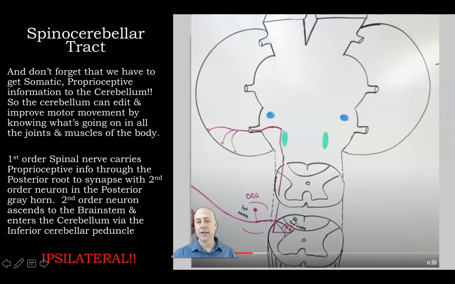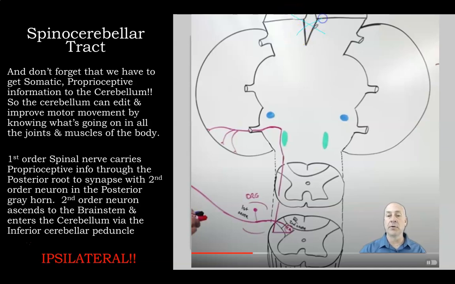And then lastly, do not forget that great proprioceptive information that is not going all the way up. We are not going all the way up to the cerebral cortex, which exists rostral to this diagram. This is Ninja Nerd's artwork, and they always put the cerebellum right here. This is always the cerebellum.